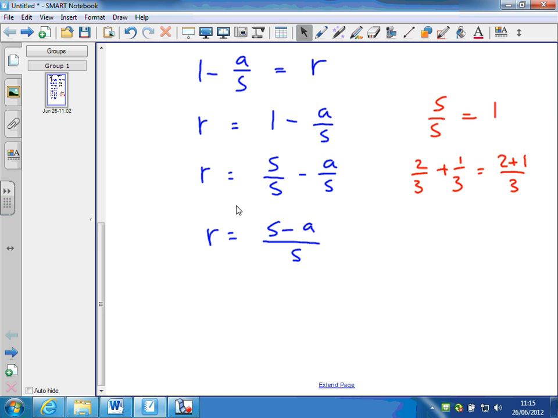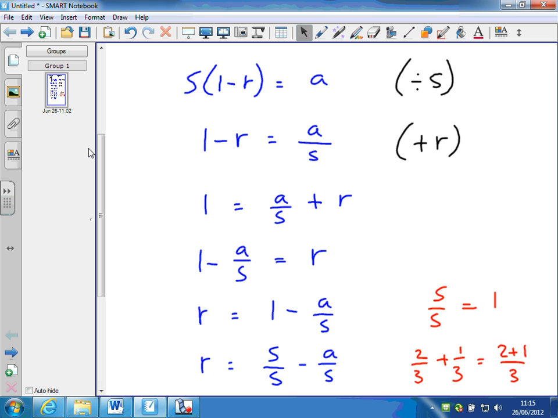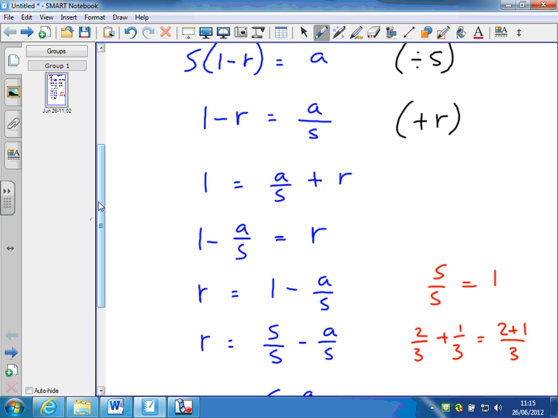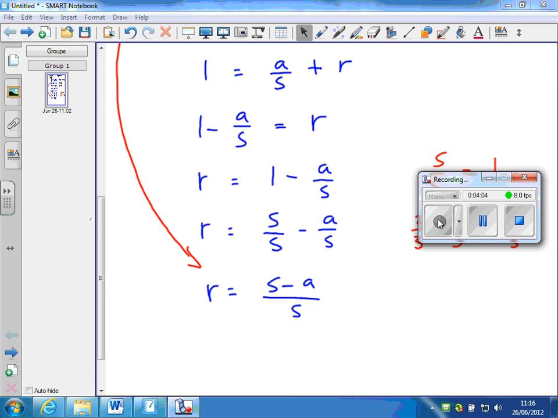If at this point here you were to multiply out the bracket, then you would probably come to that solution if you went that way. So it might be worth having a look at that. I'll run through that solution on the next slide, and then we'll look at that extension question.